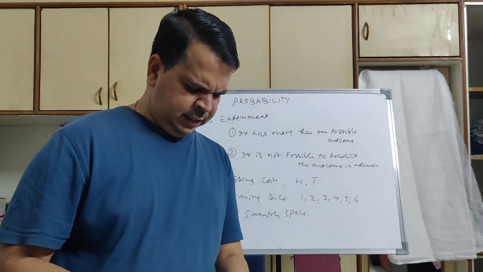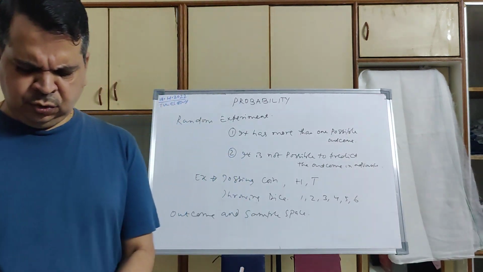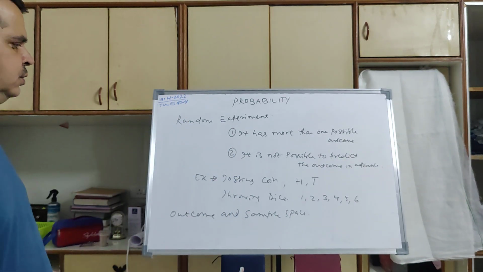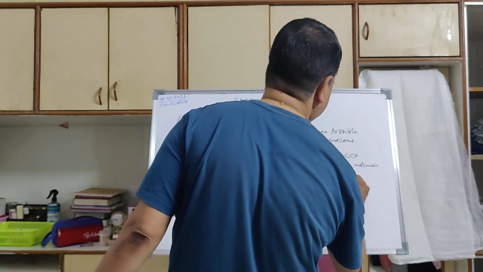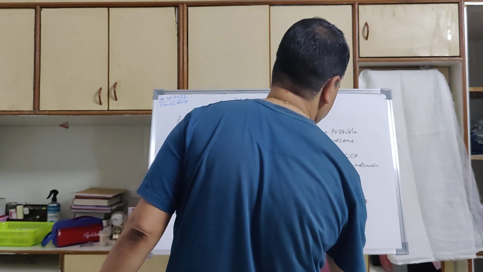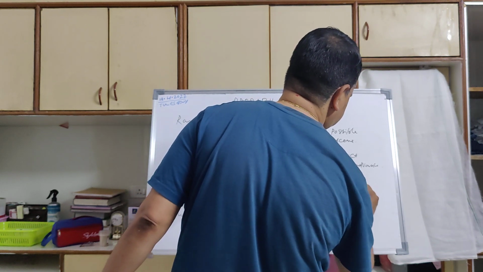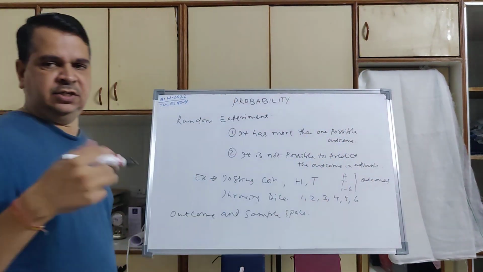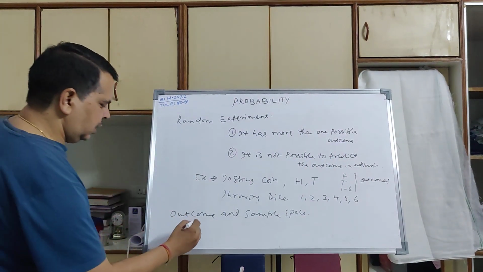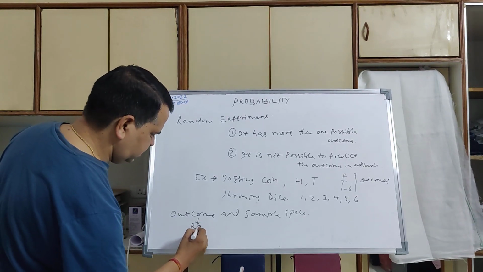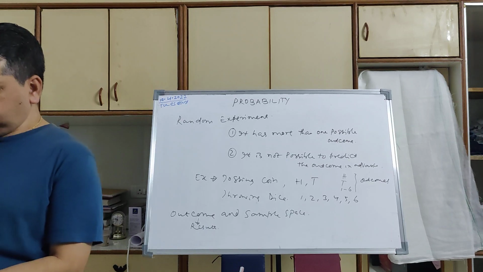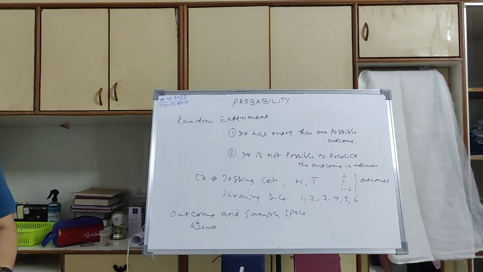A possible result of a random experiment is called an outcome. So let us say head is an outcome, tail is an outcome, 1 to 6 are outcomes. These are the possible results. Outcome is nothing but your result. What you get is the outcome.